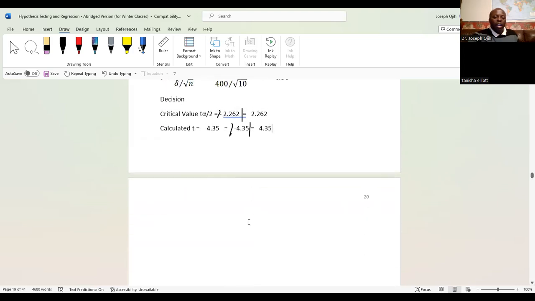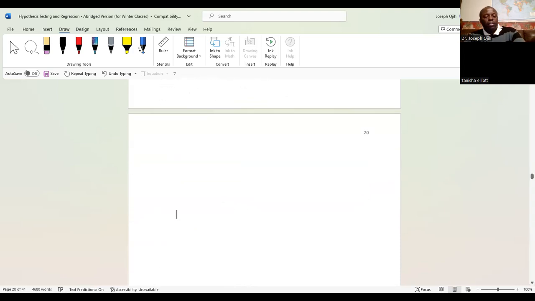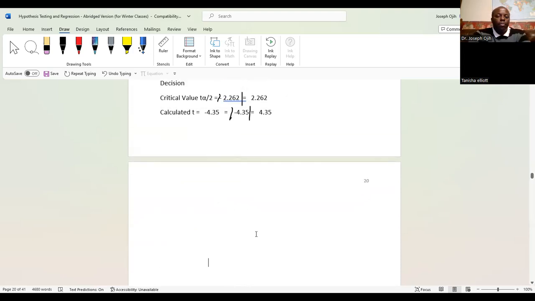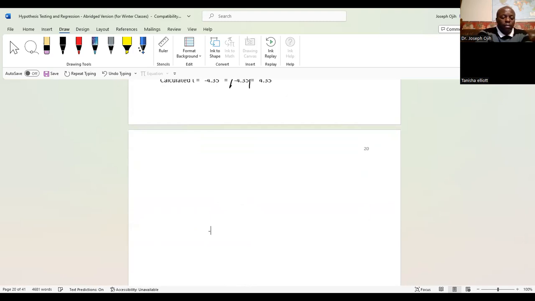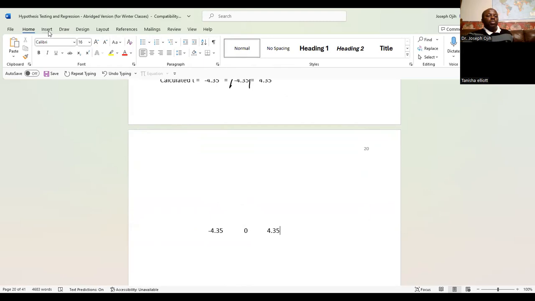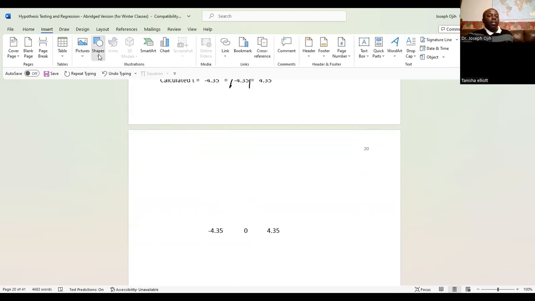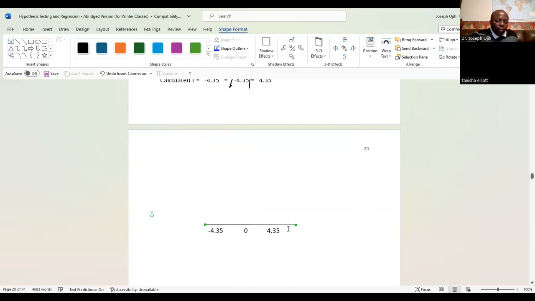Now, let's say you have the diagram here. For this, you have negative 4.35, zero, 4.35. And then you have, let's put this diagram, I have it from here to here. Okay, and then you put your charts.